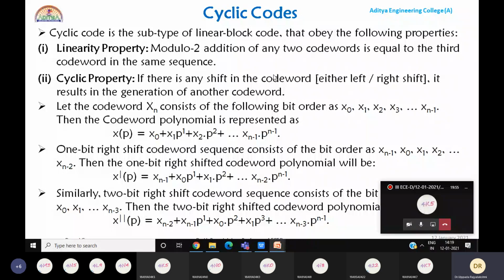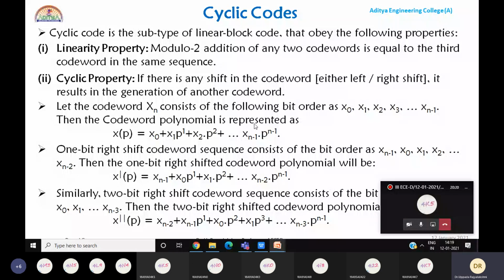For example, let us assume the code word X suffix n. What is n? n is the code word length. It consists of the following bit order: x0, x1, x2, x3 and so on up to xn minus 1.